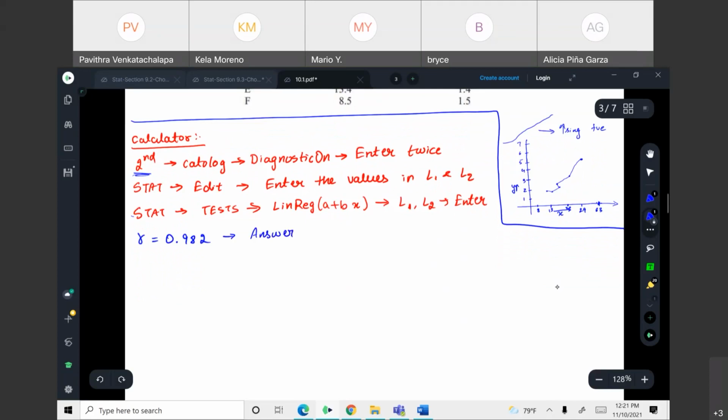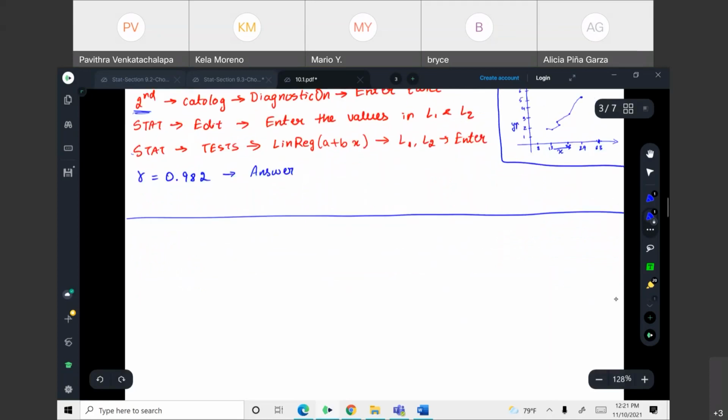Okay. So once you do this, let us also do hypothesis testing. We will do hypothesis testing for the same problem.